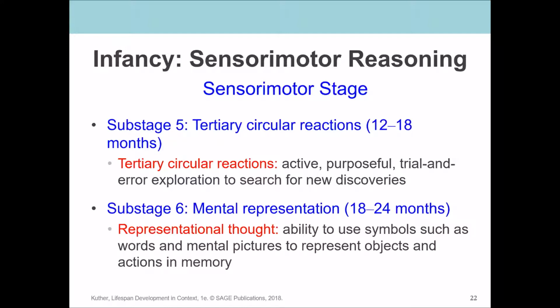So this stage shows that more advanced use of symbols and being able to represent something with something else. Being able to use a block of wood and pretending that it's a car or a telephone, right? So that's a symbol for something else. It's representational. So we see advancements in language and also in play at this age.